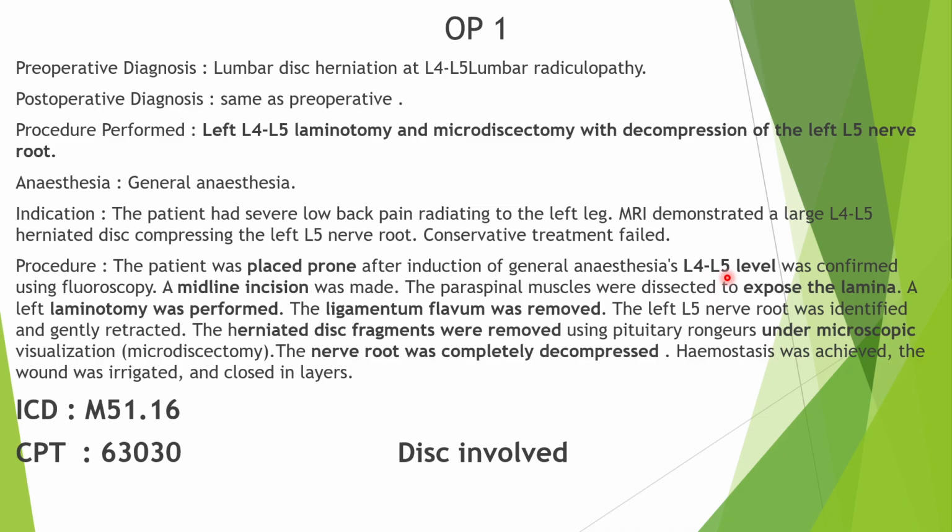Why do we have to check interspaces? Because it is written discectomy, it means the disc has been involved. That's why we have to check the interspaces. And here also the herniated disc means that it is discectomy, the disc has been involved.